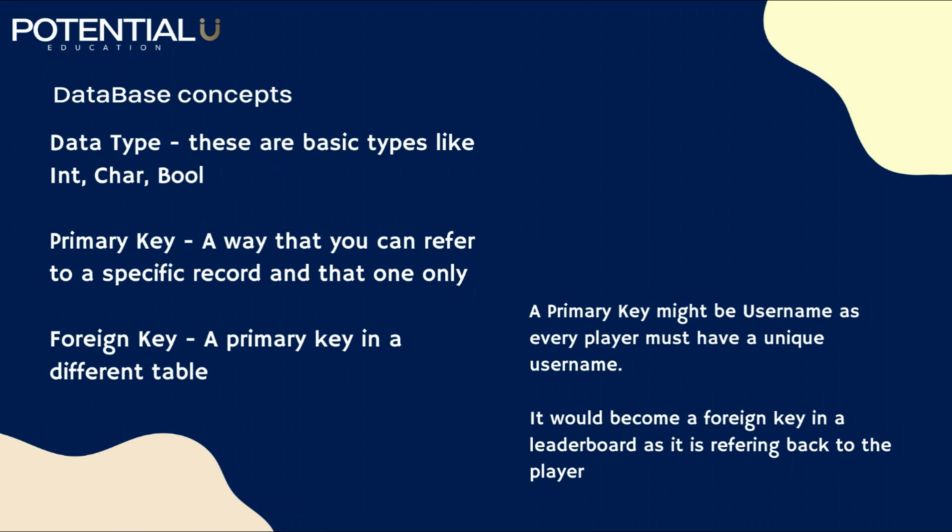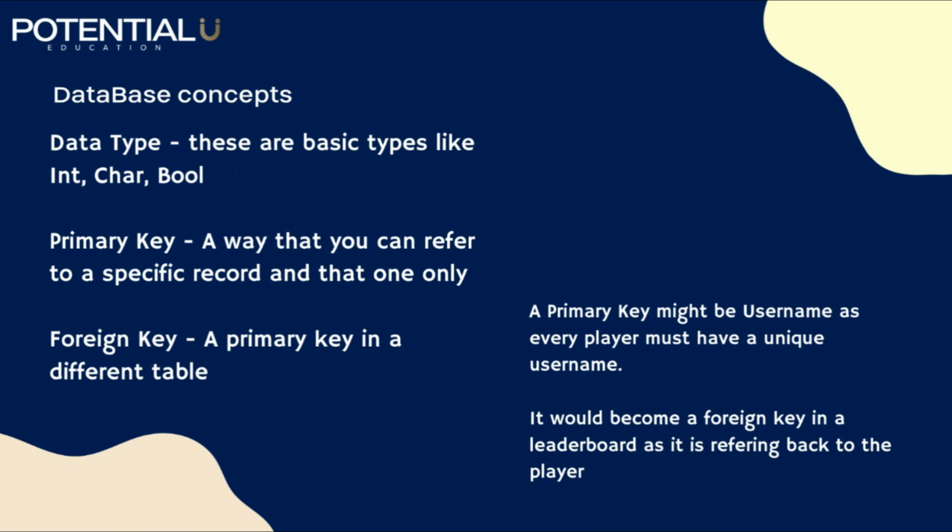So why does a primary key need to be unique? So a primary key absolutely must be unique, because if you want to search through lots of data really quickly and make sure that you're referencing the correct record, then your primary key has to not match to anybody else's.